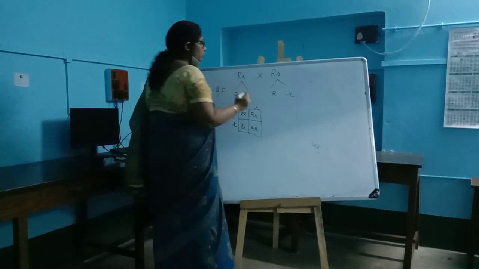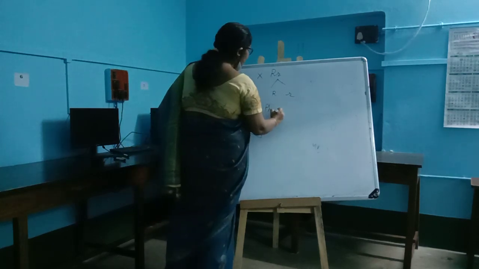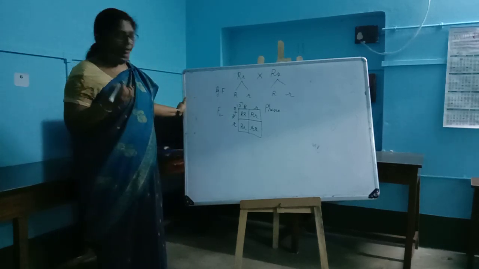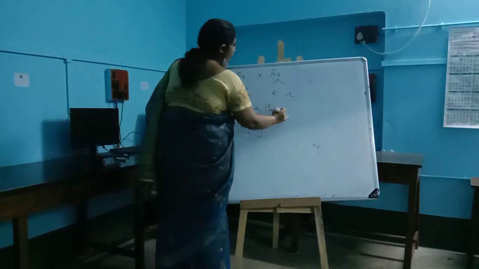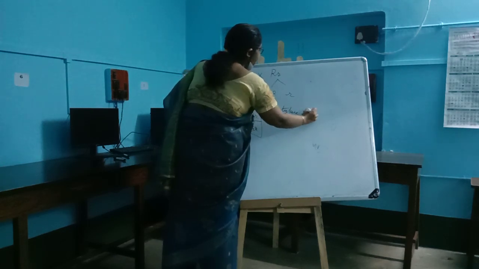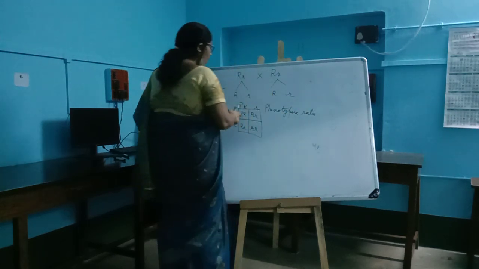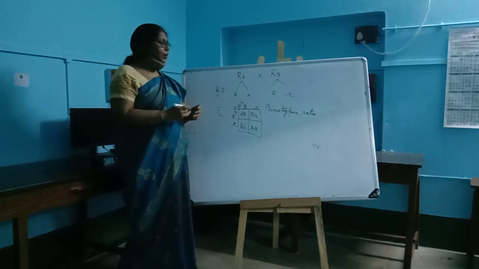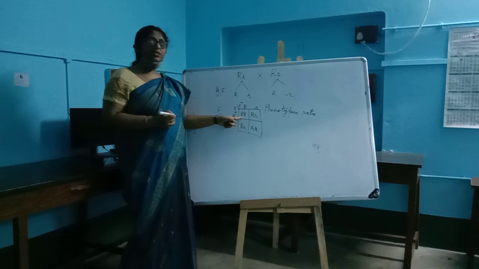Then as usual, we have to find out the phenotypic ratio. That means the ratio which is based on the observable characteristics or the external features of an individual. So what will be the phenotypic ratio? This one is a plant with red flowers, isn't it?